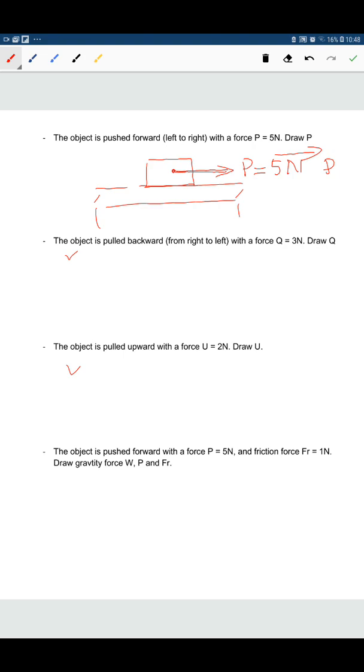If we have other forces involved, we are still able to draw all of them. Now look at this one. This is our object on the table again.